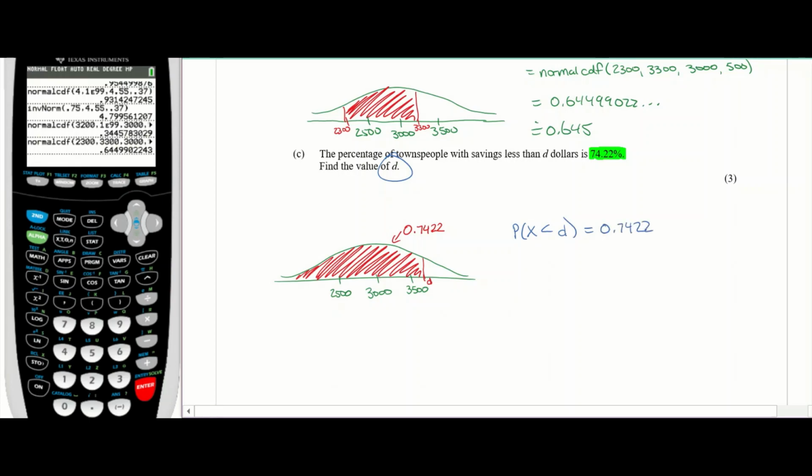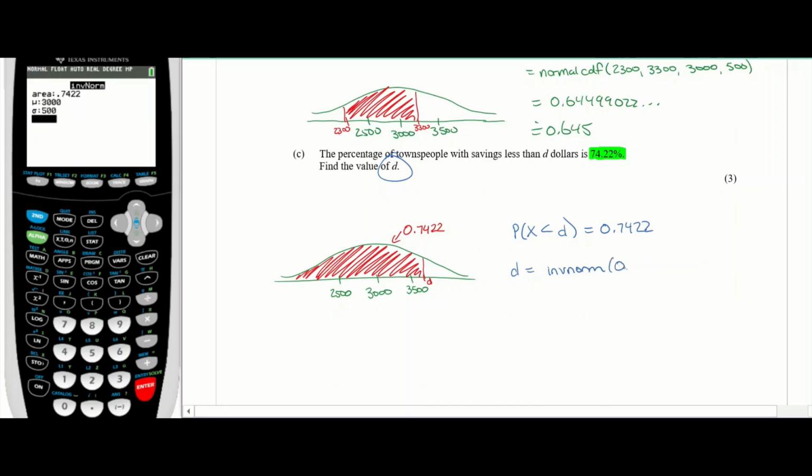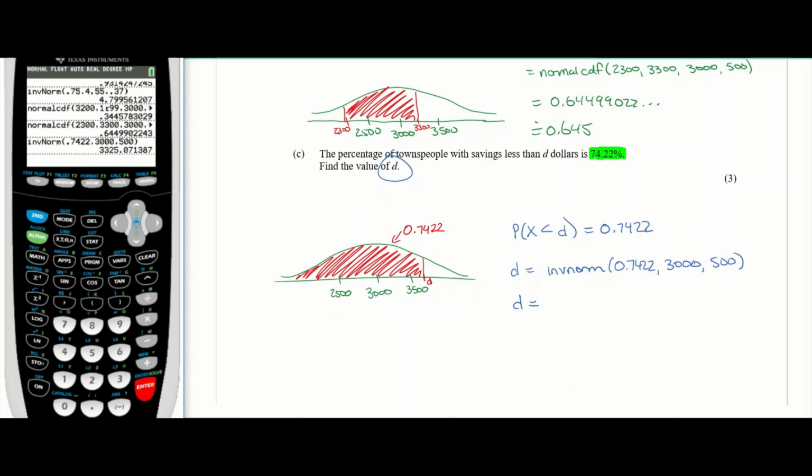So I just divide by 100. And then D, therefore, is going to be the inverse normal of a set of values. So when I go to inverse normal, I am going to do an area of 0.7422, a mean of 3,000, and a standard deviation of 500. So I'm going to write those values down. And then I'm going to let the calculator tell me the answer to that.